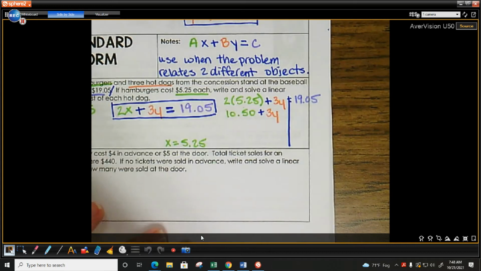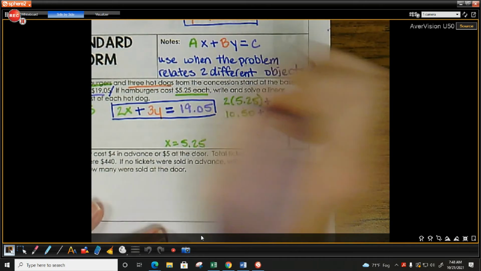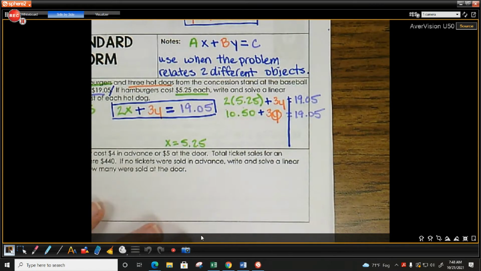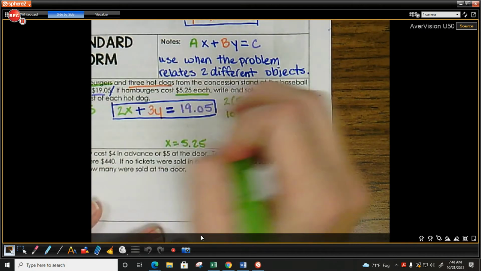Plus 3Y equals 19.05. I want Y by itself. What am I going to do to get Y by itself? Subtract what? Subtract 10.50. Very good.